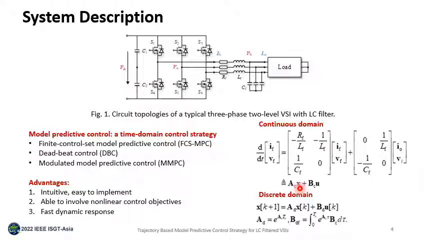And the working principle is quite intuitive. We just need to evaluate each Vi for all possible switching states through a predefined cost function. Moreover, it provides the ability to involve nonlinear control objectives and offers faster dynamic response.